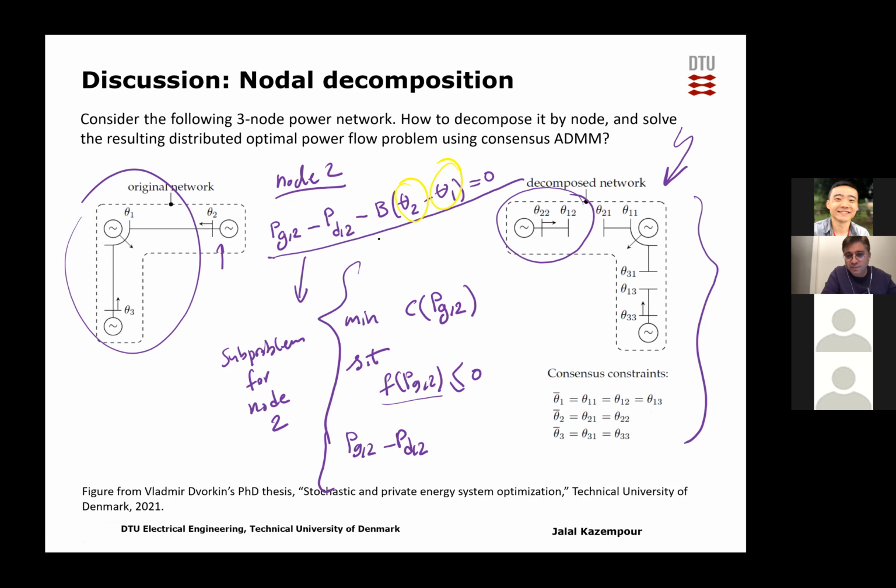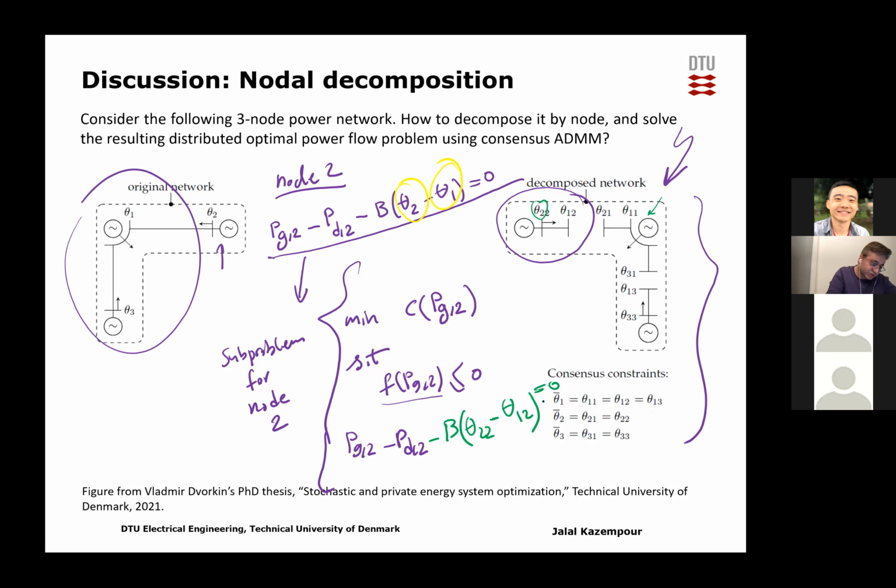Theta 1 is a variable for another node. But what we can do here, we can write minus B, theta 2, which is equal to theta 2 at the end of the day, minus, instead of theta 1, I write a copy of it, but from node 2's perspective. So it's theta 1,2, is equal to 0.